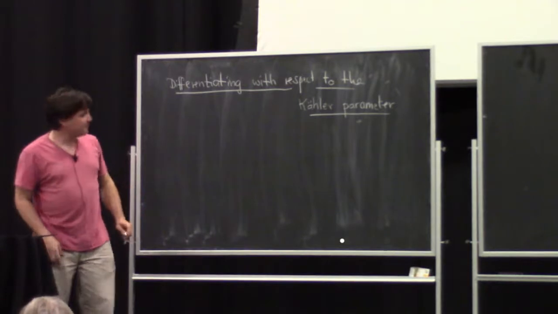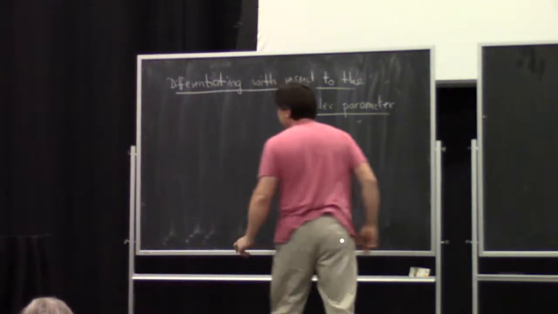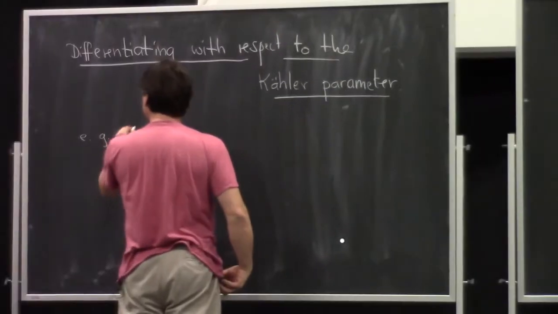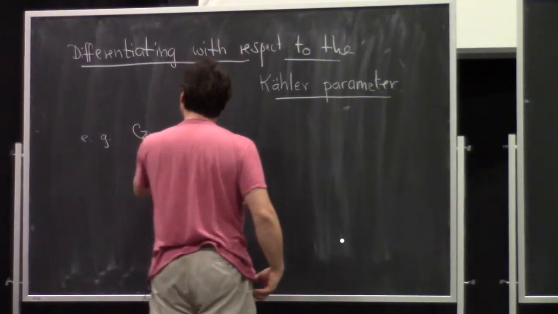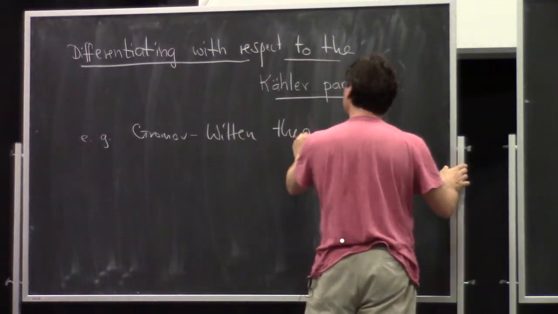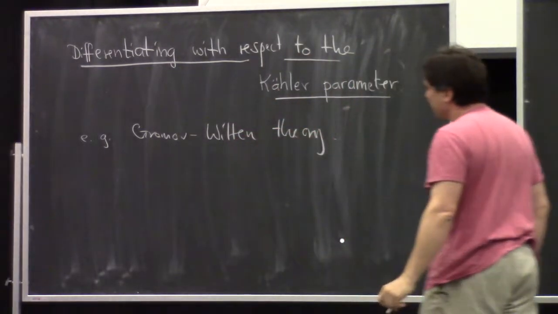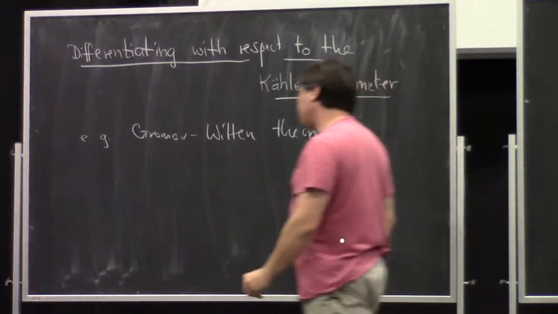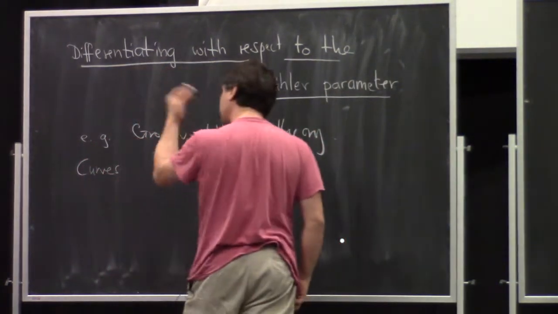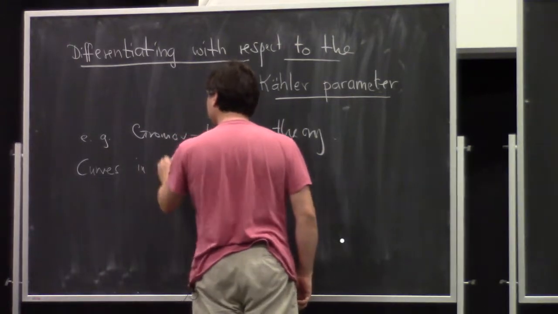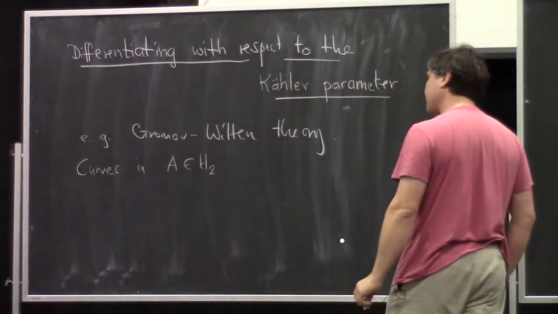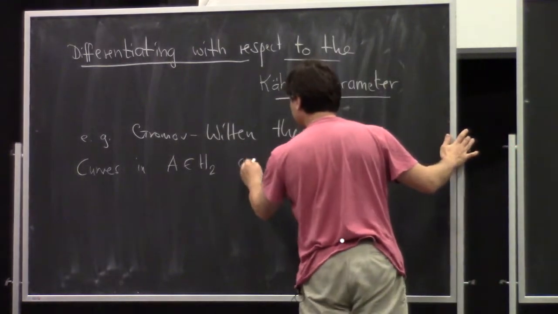Anyway, so what is this about? Consider something like Gromov-Witten theory. We're looking at curves, and they could lie in some homology class in H2 of some manifold, and they are counted with formal parameters.